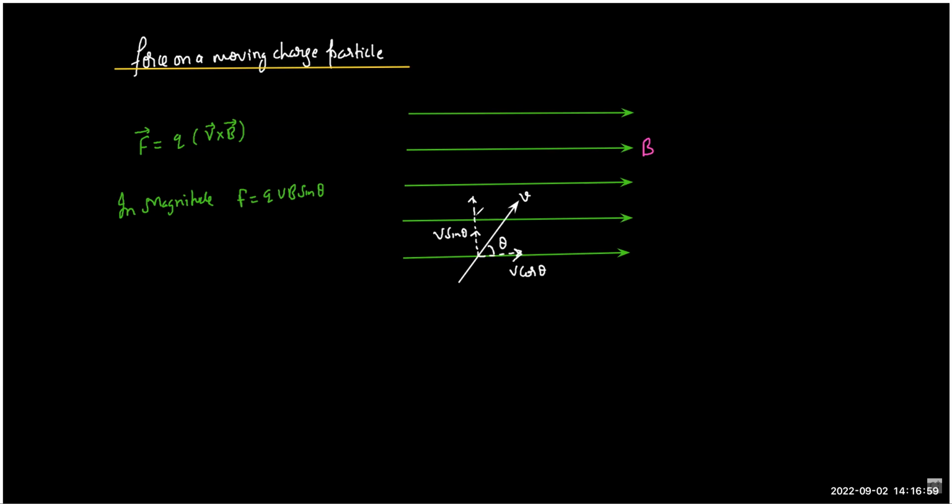When you move parallel to the field lines, with V cos theta, you will not experience any magnetic force. V cos theta creates nothing, but V sin theta is cutting, or intercepting, the lines of force. Whenever you intercept the lines of force, you experience the force. Is this clear? Yes, sir.